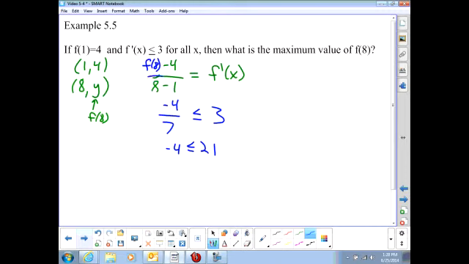You're welcome to leave it as y if you want. Add the 4 over, and you get f of 8 is less than or equal to 25. So what is the maximum value of f of 8? Well, if it has to be less than or equal to 25, the largest it could be is, in fact, 25.